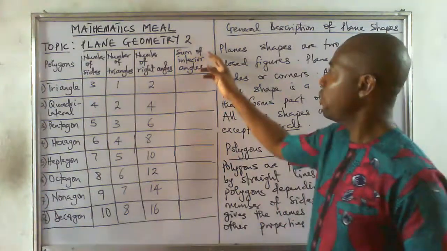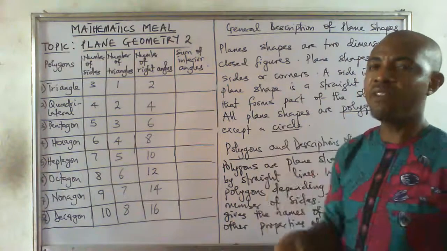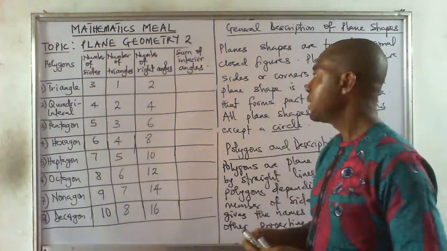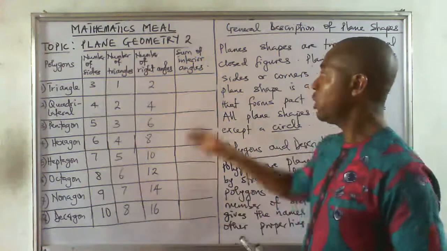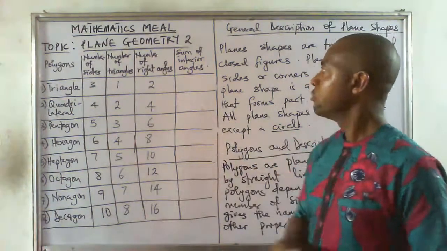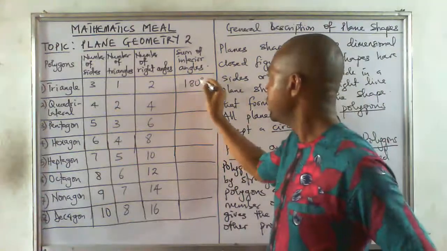So what is the sum of the interior angles? The interior angles are angles that are found inside a figure. That's the interior angle. So the sum of interior angles in a triangle will give us 180 degrees.